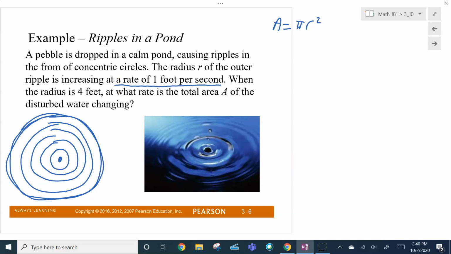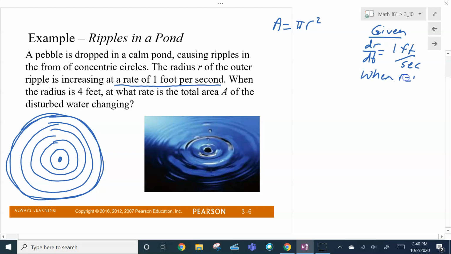So what they're giving you is the rate of change of the radius, dr dt, which is a foot per second. Now, when the radius is 4 feet, at what rate is the total area of the disturbed water changing?